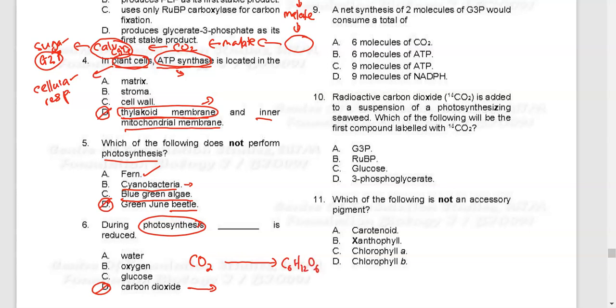As you know from the term reduced, it means that the compound will receive electrons and also protons. So the carbon dioxide will become glucose or sugar.